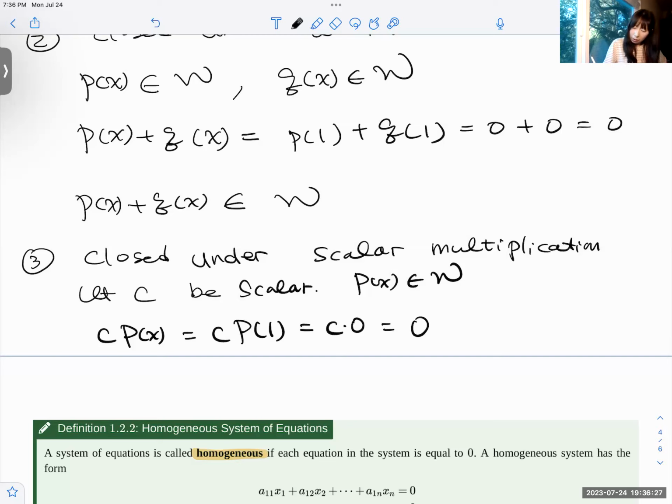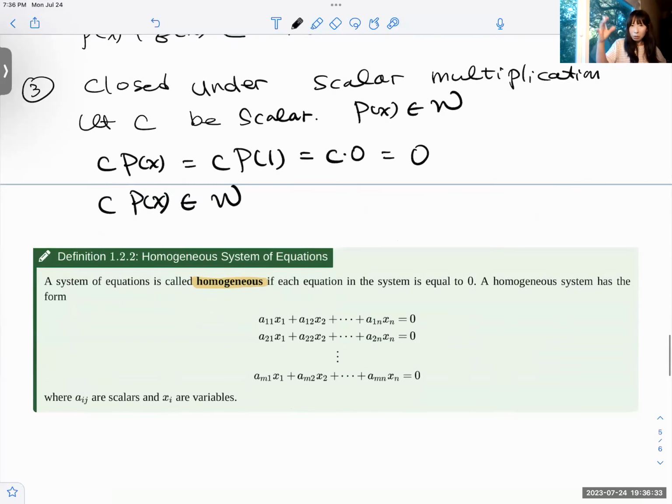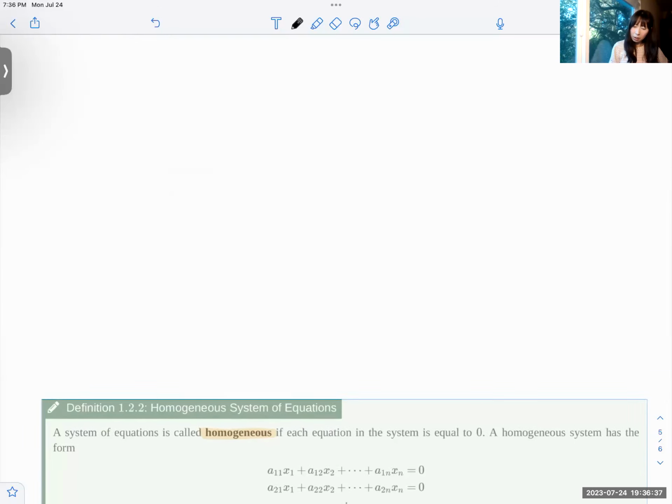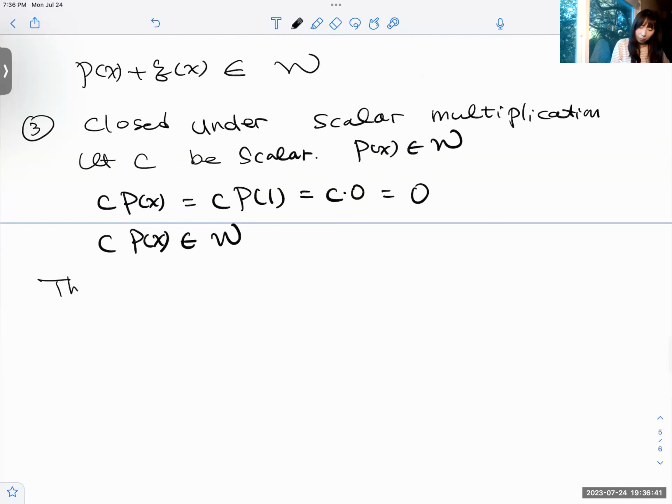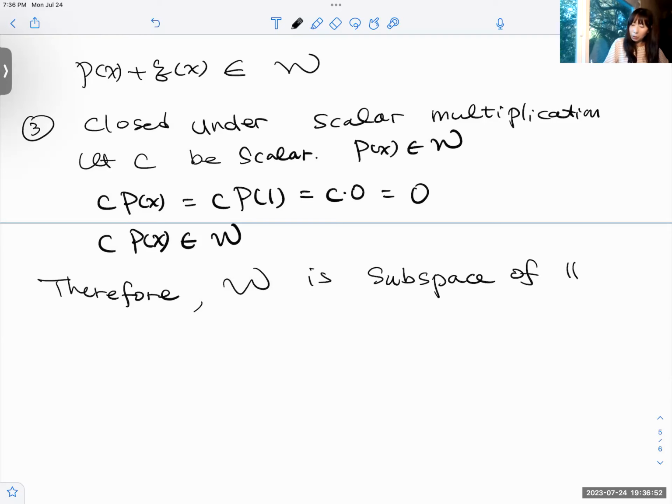So C times p of x is also in W, right? So it's closed under scalar multiplication. So we can say that W is a subspace of the polynomials of at most degree 2.